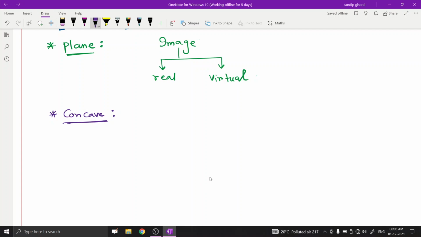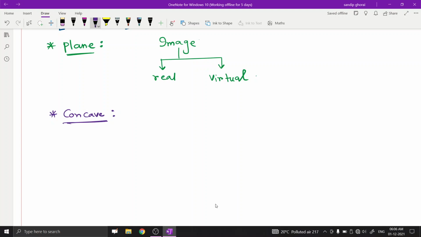In general, for a concave mirror, when the object is placed at infinite distance, we get a very diminished and real image at the focus point. If we take an object beyond the center of curvature, we get an image that is also real, but the size of the image is small, smaller than the actual object.